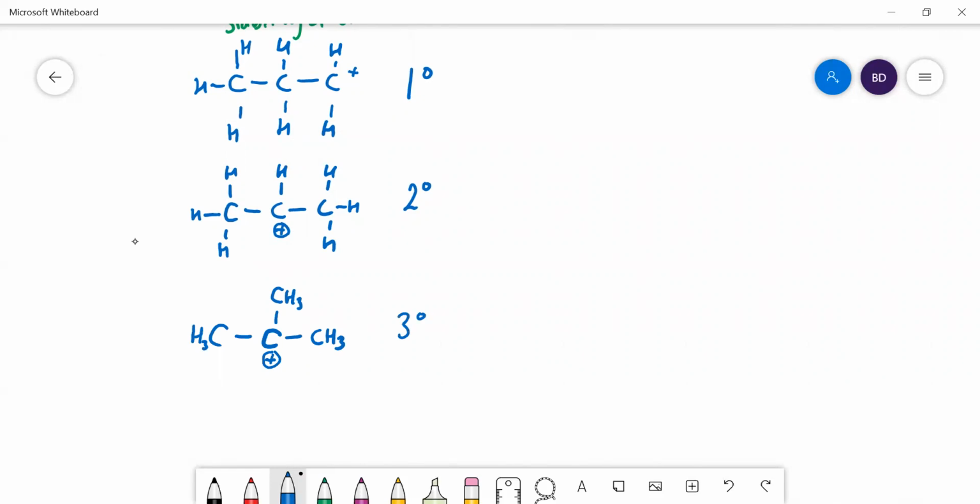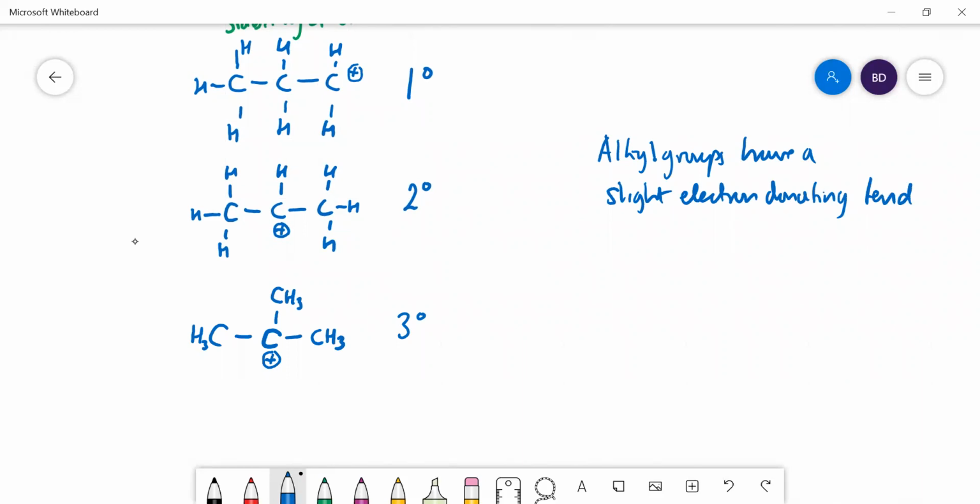Now, why is the primary the least stable? The reason for that is alkyl groups have a slight electron donating tendency.